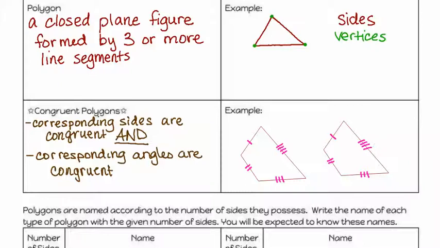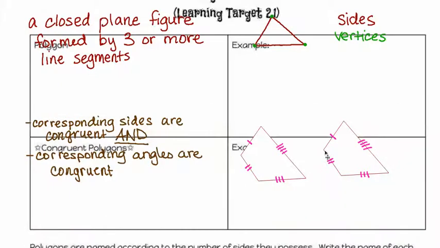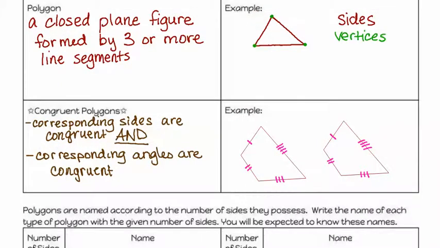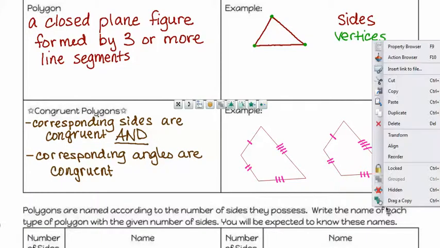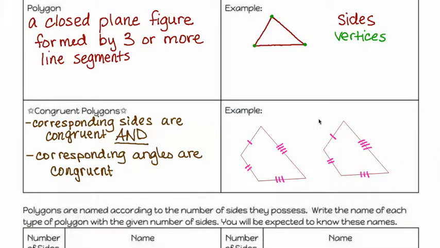Now, it doesn't matter in this last shape which direction it's turned. Let's solve that problem for just a second. There we go. So here, if I turn this shape, the corresponding sides are still congruent, regardless of the fact that the direction has changed.